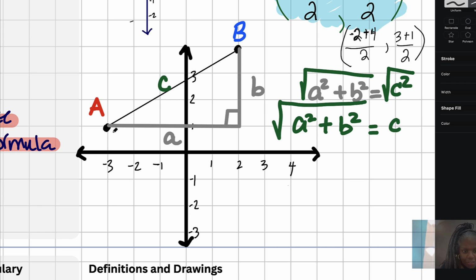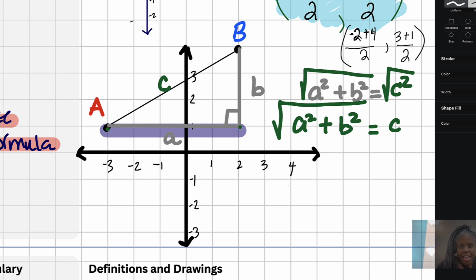We'd have to figure out how far over this point is from this point. And so we'd count 1, 2, 3, 4, 5. Let me make that a little bit neater so you can see that I'm not just doing crazy stuff. So we'd make this 1, 2, 3, 4, 5.